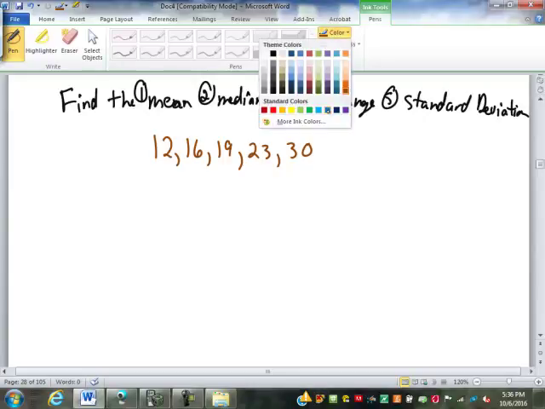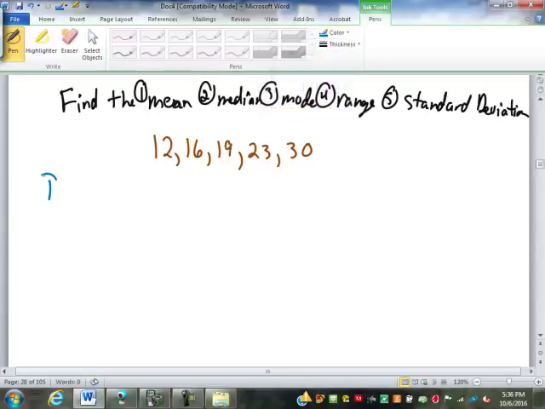So let's see how much of this you remember from last week. How do we find the mean? We add them all up, and we divide by, remember the term? Divide by n.